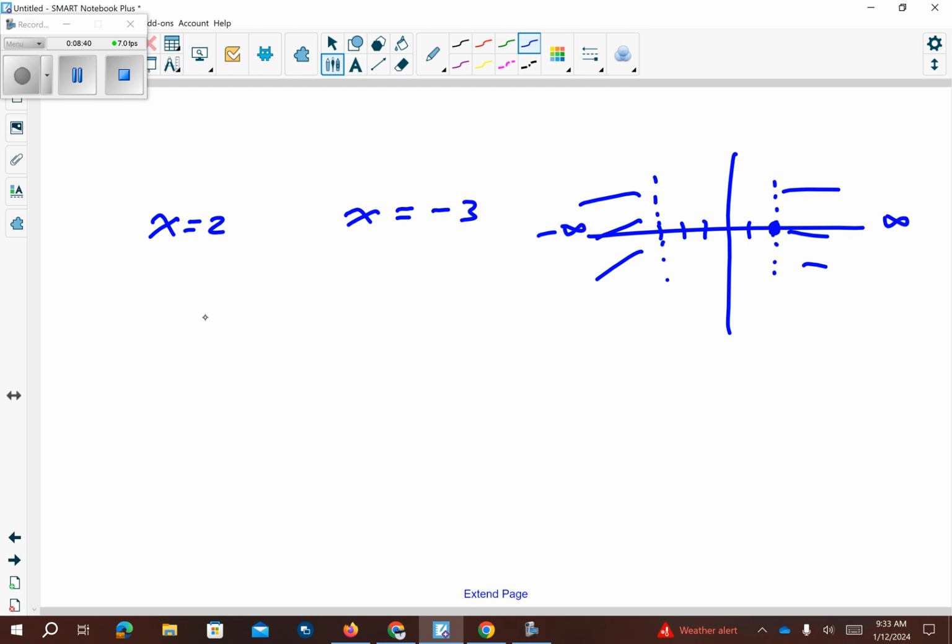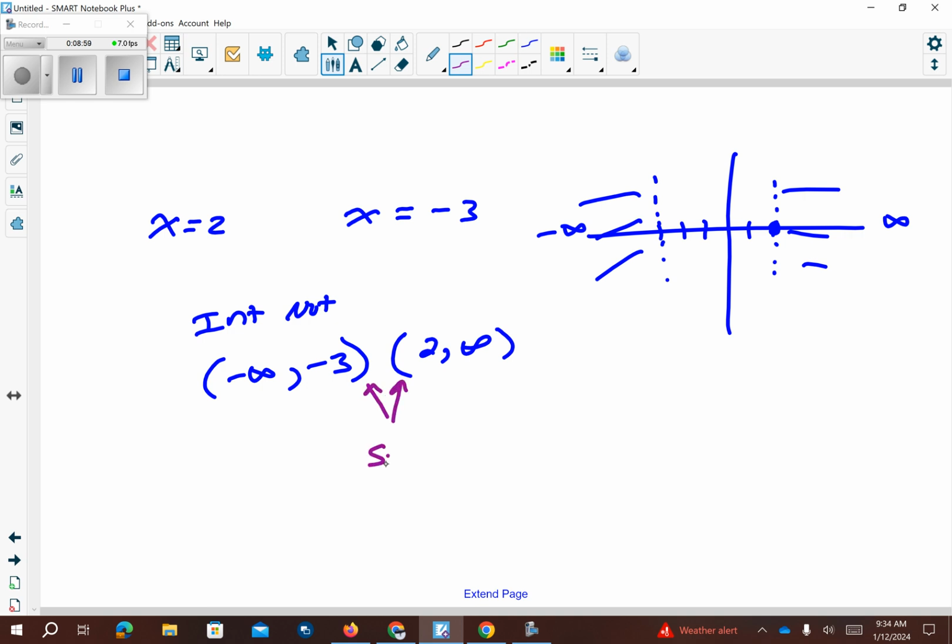So our interval notation for this is going to be negative infinity to negative 3, and then it's going to be 2 to infinity. Now, you might have heard this term before. Those are parentheses, but sometimes we refer to them as soft brackets. Does that make sense?